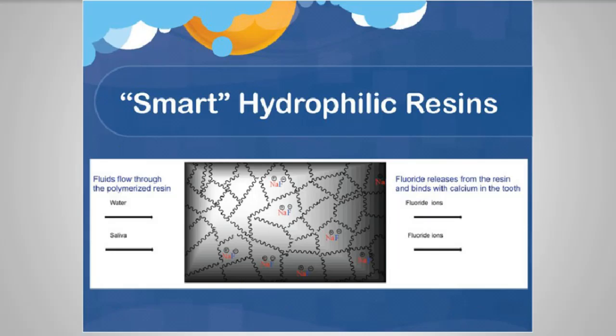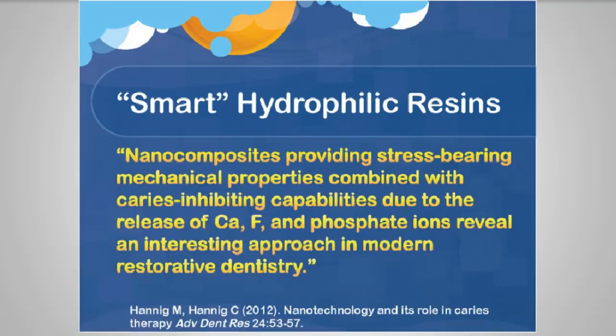So basically, on the left-hand side of the screen, we can see water and saliva flowing through the overall resin matrix structure, and it can then release the fluoride and other ions within the resin matrix to bind with the calcium of the tooth structure and to help it become more caries resistant and remineralize.